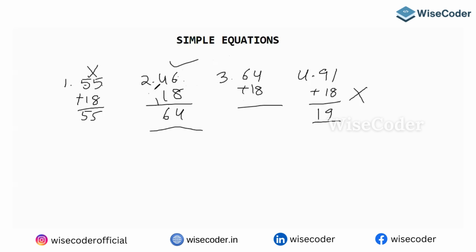Yes, 46 plus 18 is 64. Then how are we going to solve these types of questions? Guys, trust me, if you want to be good at these types of questions, you should be good at option verification kind of stuff.